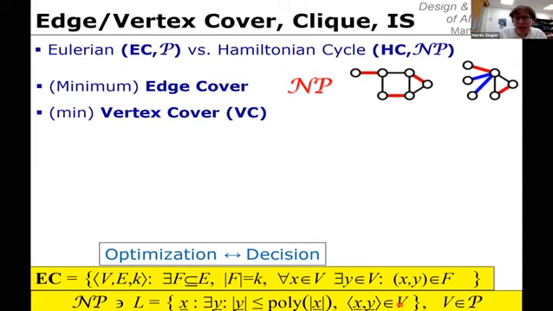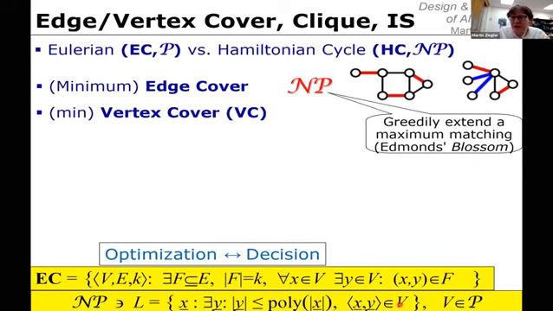We have been able to find a polynomial time algorithm for the Eulerian cycle problem, and similarly we can find a polynomial time algorithm for the edge cover decision problem. And what is this polynomial time algorithm?